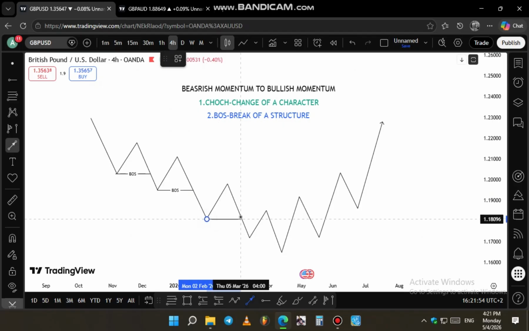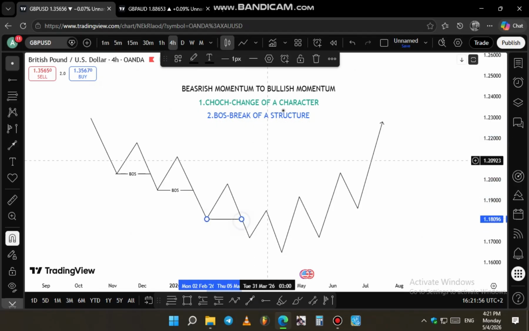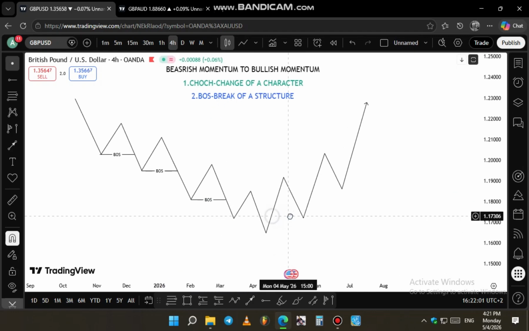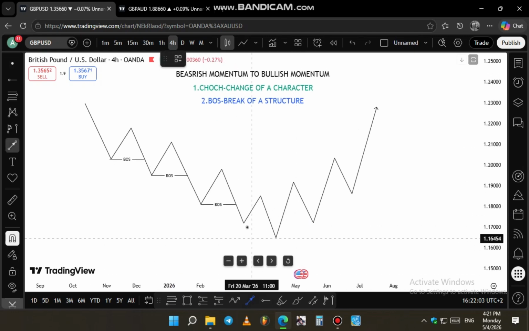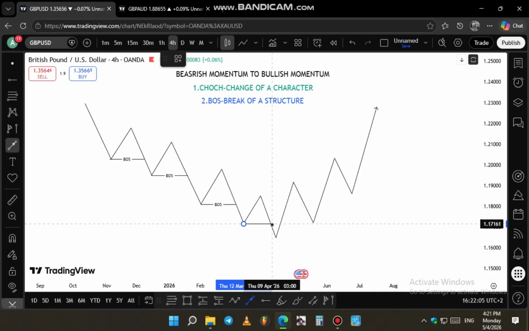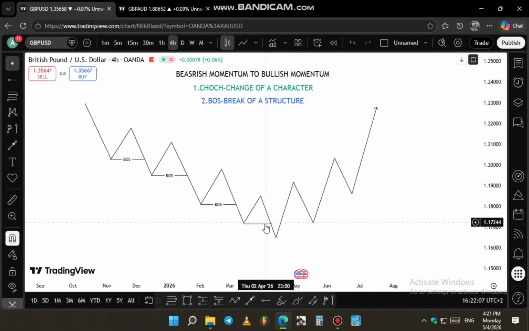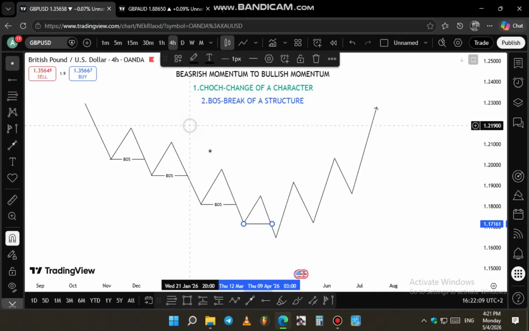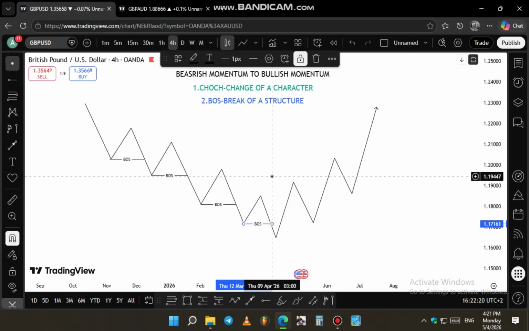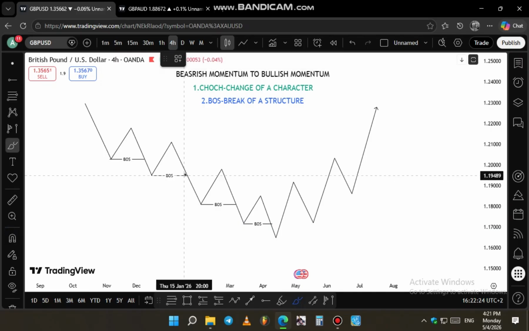Same process again, appeared, break of structure. Let me move it a little bit. Same process appeared again. This is a valid break of structure. And a break of structure, by the way, before I forget, I will also show you in a real chart. A break of structure is only valid when a candlestick has closed below the lower low.